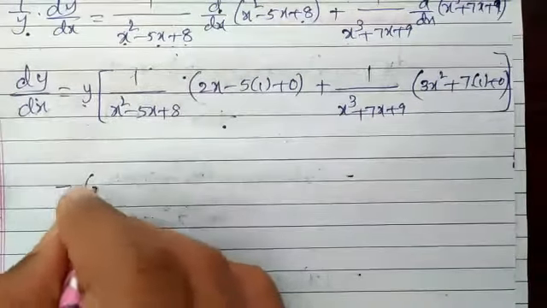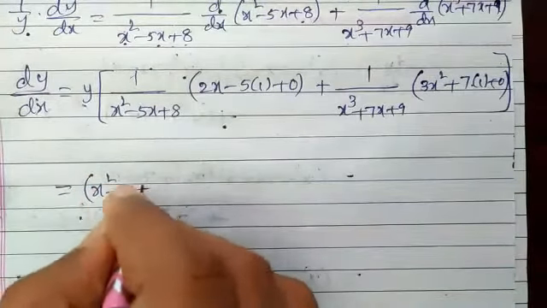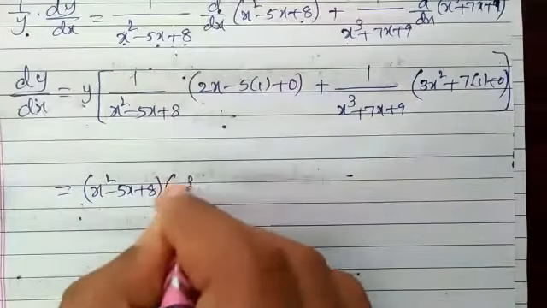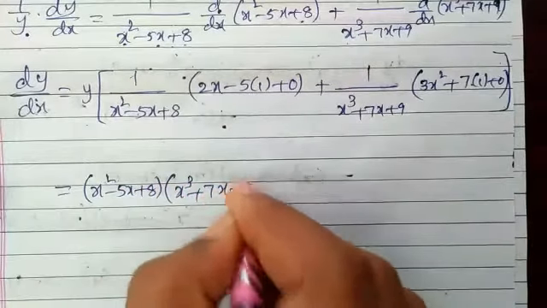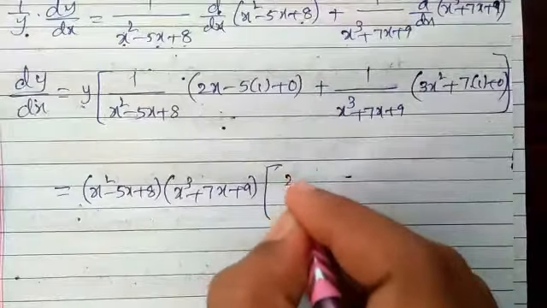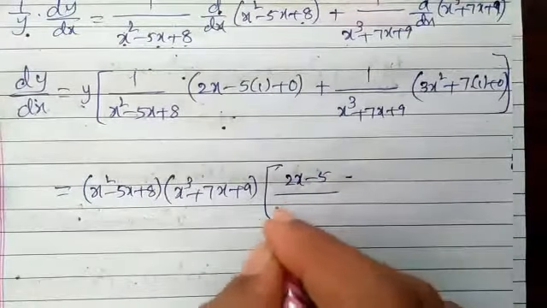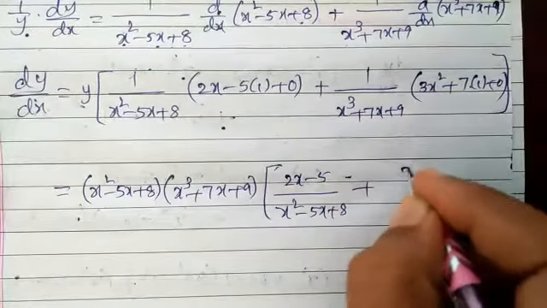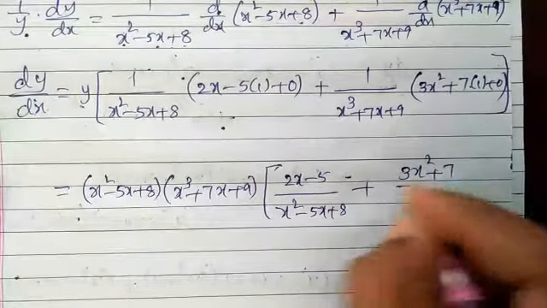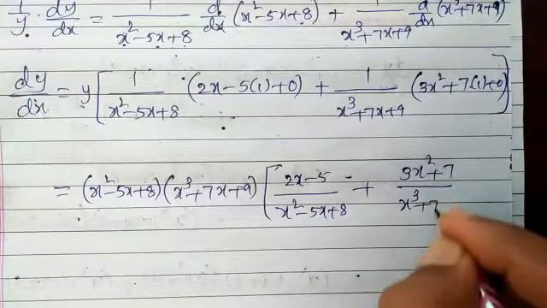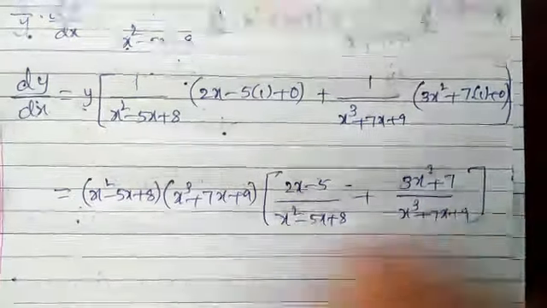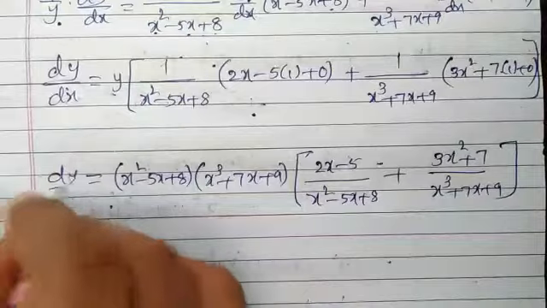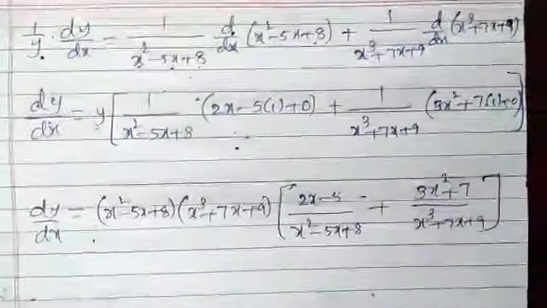So y means (x square minus 5x plus 8) into (x cube plus 7x plus 9) bracket of (2x minus 5) by (x square minus 5x plus 8) plus (3x square plus 7) by (x cube plus 7x plus 9). This is dy by dx.